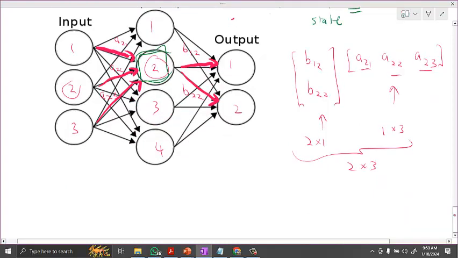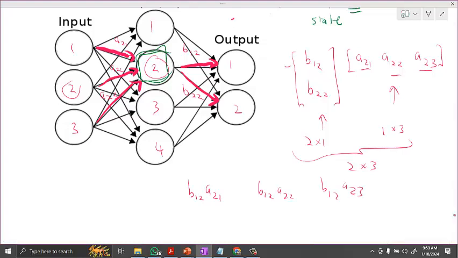So if I do this multiplication, first row times first column, I'll get B12 A21, then B12 A22, and B12 A23, and then here I'll get B22 A21, B22 A22, and B22 A23. Okay. So that's my result.